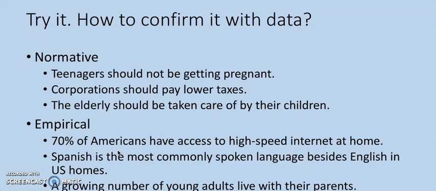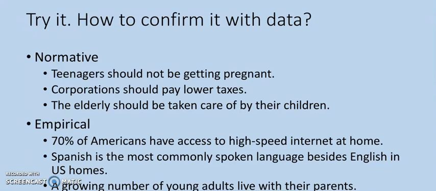Just try to use your research imagination and think, okay, you're making something up, but how could you confirm this with data? Can you imagine that there might be survey data or government data or something out there that you could confirm? And similarly, for the empirical statements, see if you can take one of them and convert it to a normative statement. So please pause here.